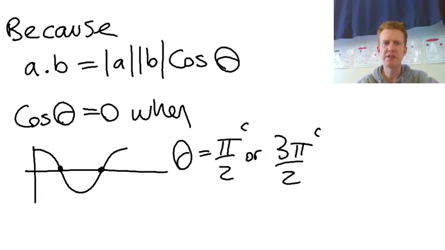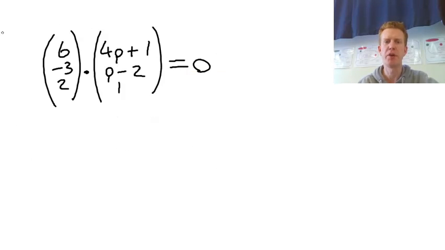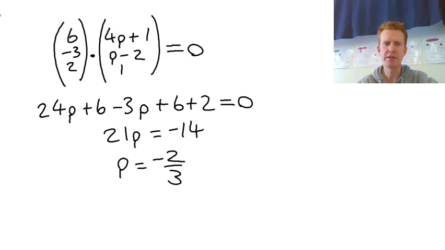The reason for this is that the dot product definition contains cos theta, and cos theta is 0 when the planes are perpendicular, when theta is pi by 2 or 90 degrees. So all I need to do is set the dot product to be 0 and work out the p-value.